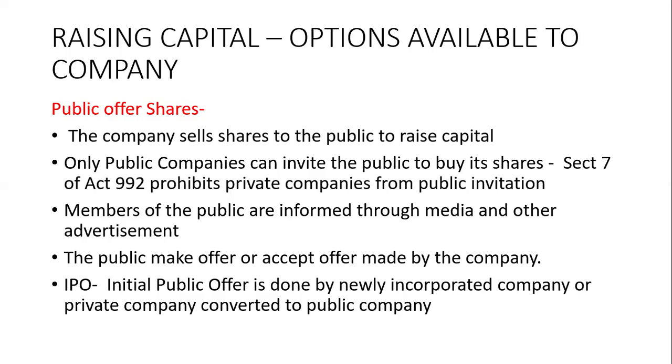One of the important criteria for drawing the distinction between a private company and a public company in terms of Section 7 of Act 992 is that a private company is prohibited from making an invitation to the public, meaning that it cannot call upon members of the public to subscribe for its shares, to invest in it, as it were.